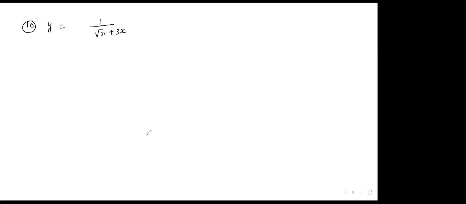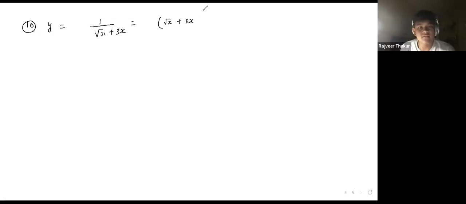The first is to take it upward with a negative power, -1 power, and then take the derivative. The second is the quotient rule. The quotient rule has not come in your syllabus yet, so we will not use it now. We will write this as (√x plus 3x) to the power -1. Can we write that? Negative power, yes, because they mean the same thing.